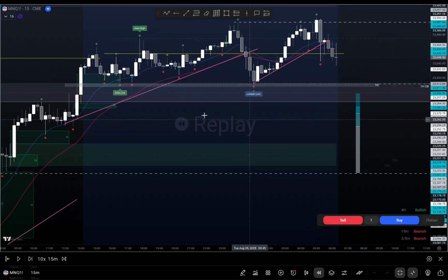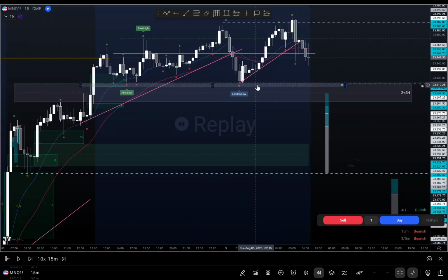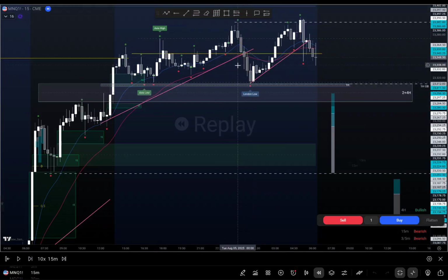I noticed here that during the London session there were two 15-minute trendline breaks, right? So what I want to do in this scenario is whenever you have these trendline breaks, eventually the market, in this case these are sell-side trend lines, the market is broken down twice.